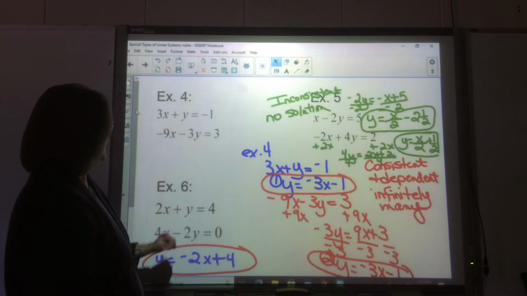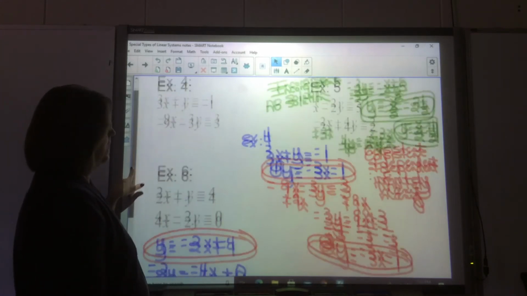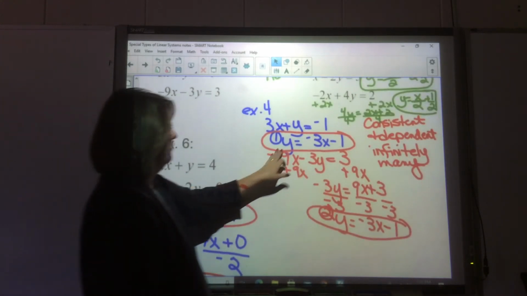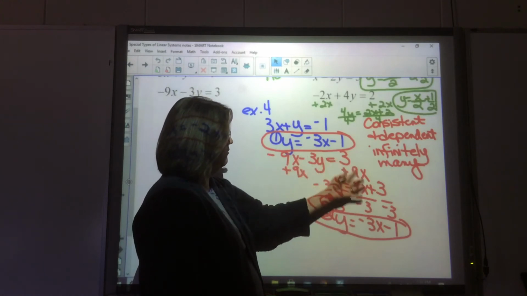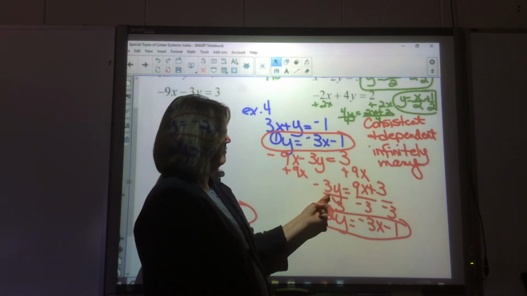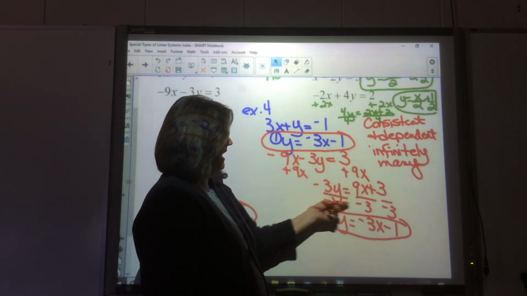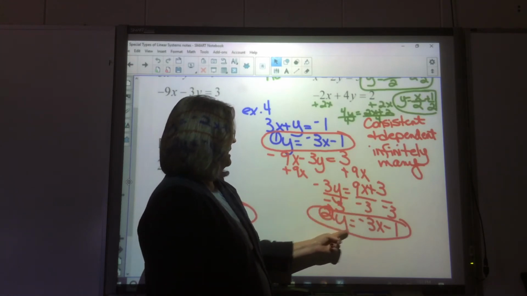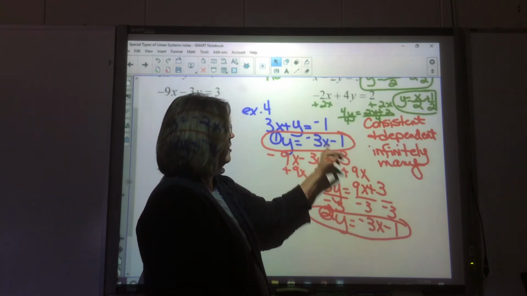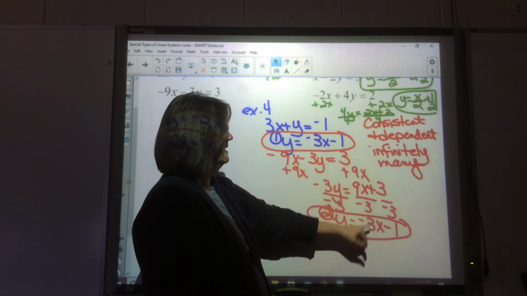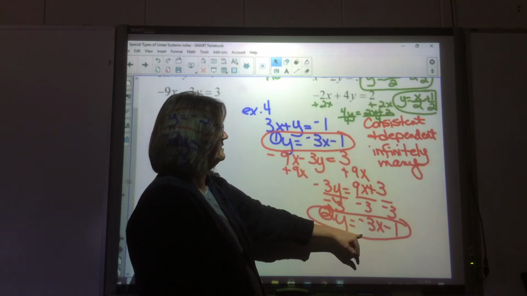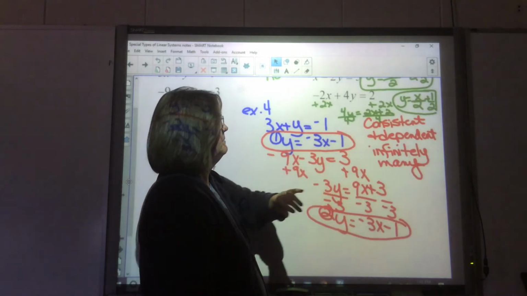And then when you take -9x minus 3y and put it in slope-intercept form, I'm just going to quickly go through this. You move the 9x to the right, then you divide by -3, and you get y equals -3x minus 1. They are the same line, and they have infinitely many solutions, consistent and dependent.